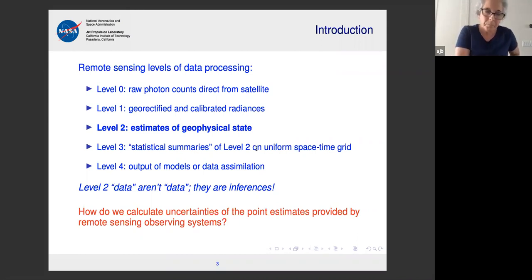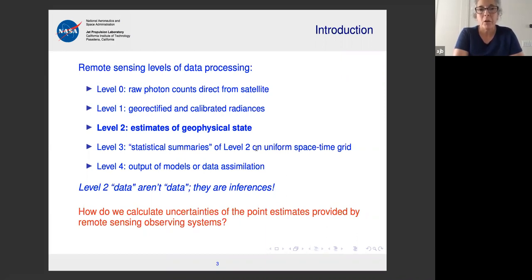This is typically done by cutting the Earth up into little latitude, longitude squares and populating each of those squares or cells with the mean of each quantity of interest and maybe its standard deviation. Finally, level 3 and sometimes level 2 directly are used as the input to models or to a data assimilation in order to draw even higher level inferences from the data that we have and the models that we have.